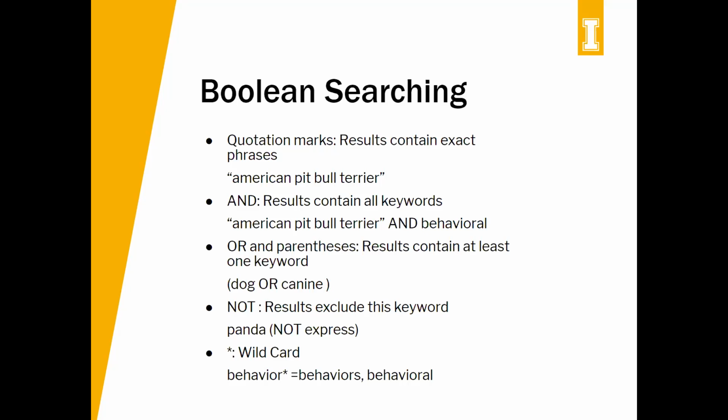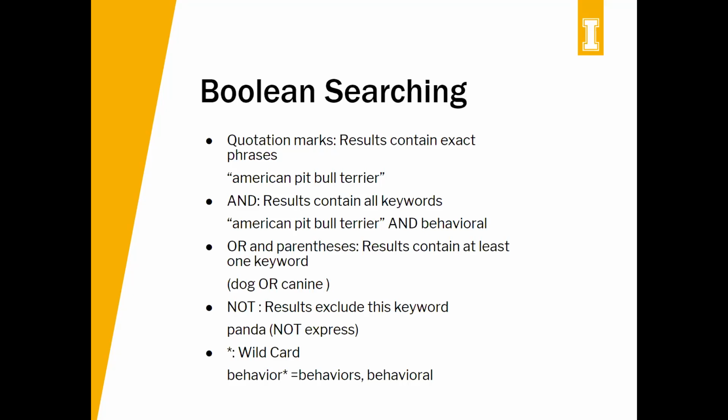I realize that is small. But in this example, if you put an asterisk at the end of behavior, you'll get behaviors, behavioral. So this is a really great one for lots of words. You're not limiting yourself to having a word end in an S or a specific ending.